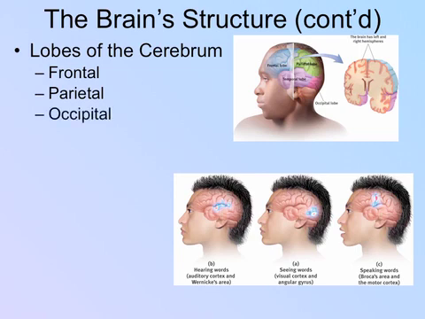The occipital lobe is located in the back, in pink there on the diagram. Primarily visual fields are being processed in the occipital lobe. The temporal lobe is located above your ear, auditory fields. So when you think temporal, think auditory.